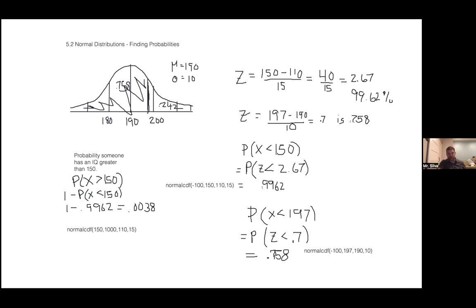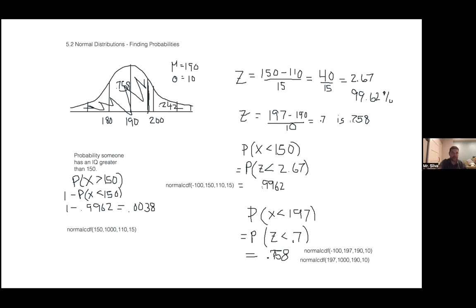Real quick, I'm going to do normal CDF, and I need 197 to be the lower bound. I'm going to use a big number, not 100, not 200. I'm going to use 1,000. The mean is 190. Standard deviation is 10. So this works for any population that's approximately normally distributed.